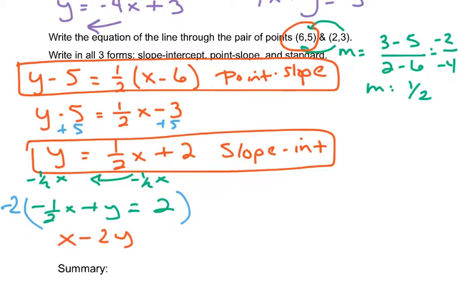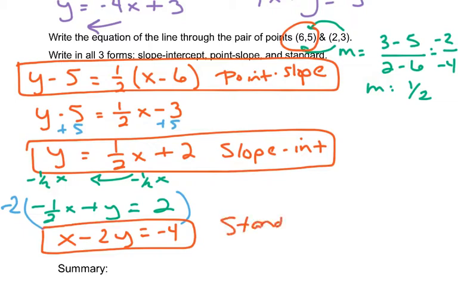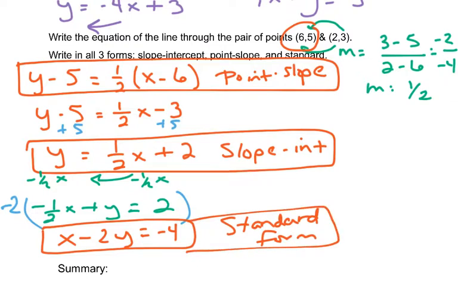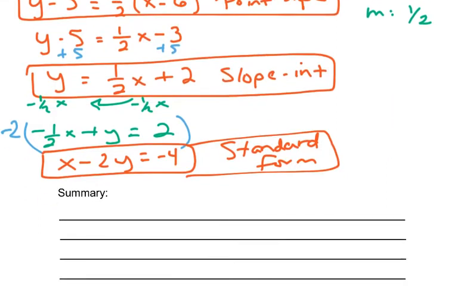And -2 times 2 is -4. And that would be our standard form. Okay, so we've gone from point-slope to slope-intercept to standard form. We can use any of those depending on what they're asking you to find.